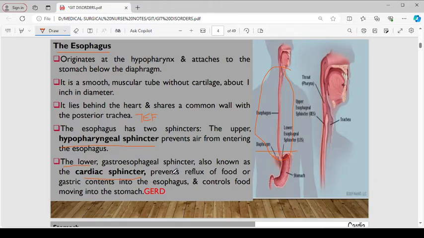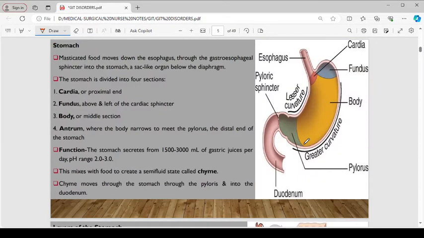Guys, in case this mechanism fails, then the patient can develop gastroesophageal reflux disease.